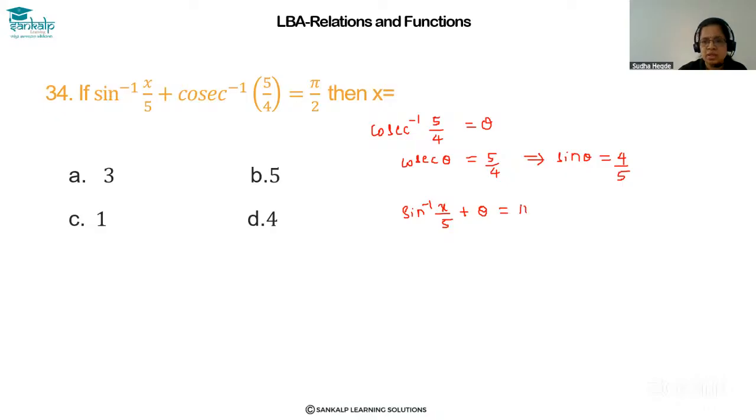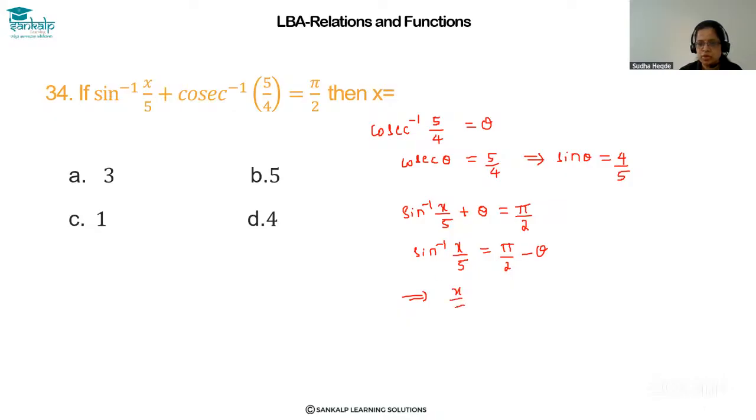So it is pi by 2. So sin inverse x by 5 is equal to pi by 2 minus theta. This implies you move sin inverse to other side.